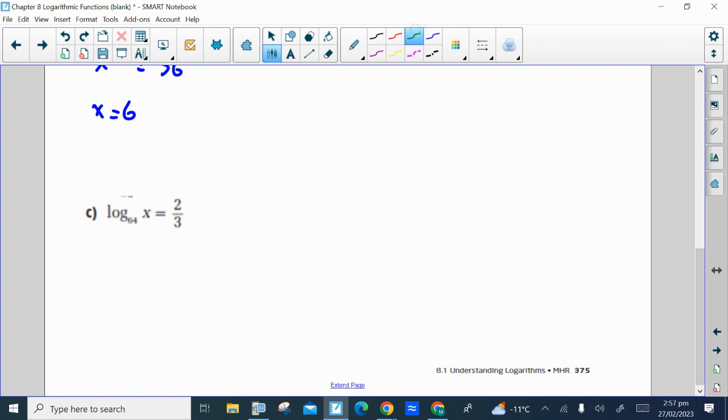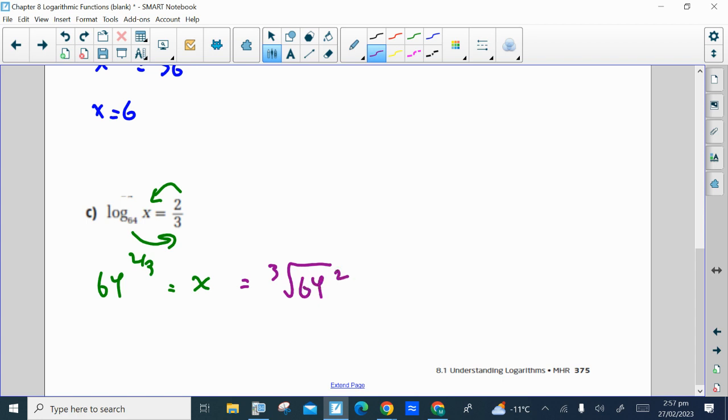And you could check that on the graphing calculator like I showed you. Okay? Question C. If I want to know what x is, I can convert from logarithmic to exponential. I start with the base and cycle through. So I'll have 64 to the 2/3 equals x. I can evaluate this. What I would do here is raise both sides to the power, actually, no, that's not true. I can just evaluate this because power 2/3 means the cube root of 64 squared.